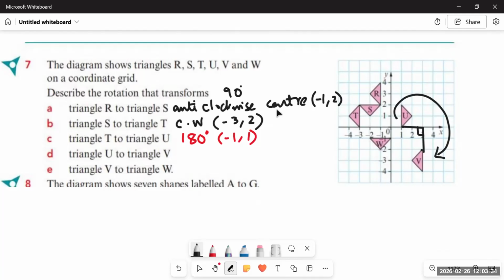No, actually it's not 90 degrees. It's 180 degrees. Because if we talk about the corresponding sides, let's say this one, there's a straight line out there.